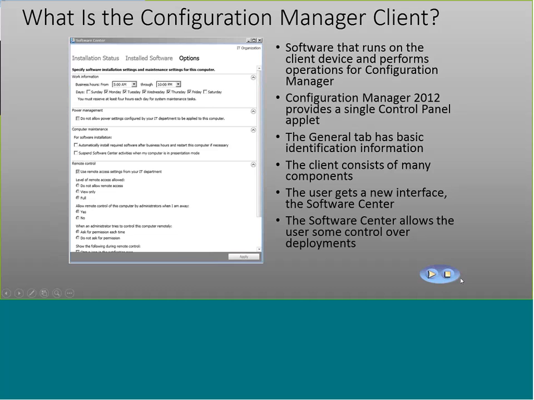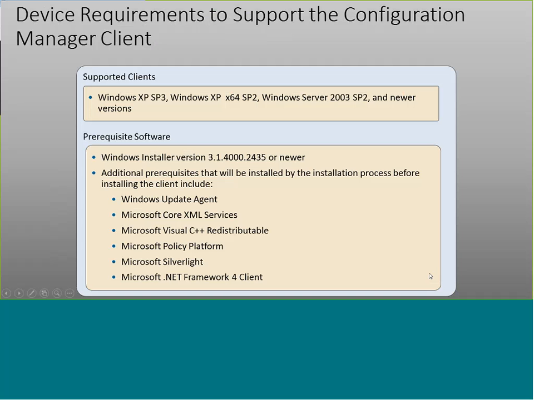Okay. All right. So device requirements to support the Configuration Manager client are, it should be not less than XP Service Pack 3, XP 64-bit. So this is 32-bit Service Pack 3 and 64-bit SP2, 2003 SP2. Minimum requirements are these, and the rest of them are just prerequisite software, Windows Installer version, update agent.